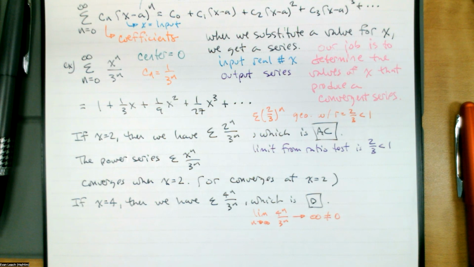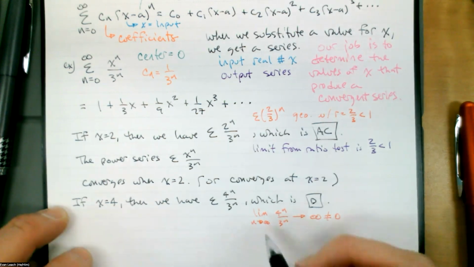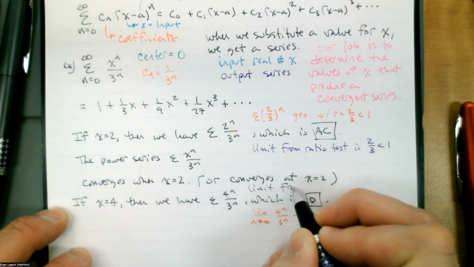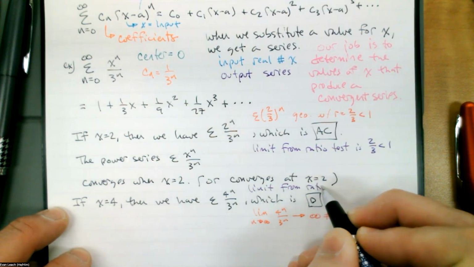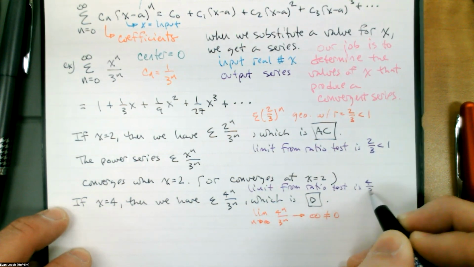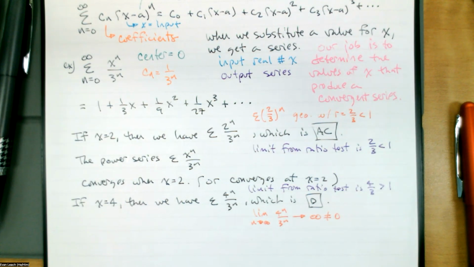Also, the limit from the ratio test would be 4/3, which is greater than 1. So we would say that the power series diverges when x equals 4.